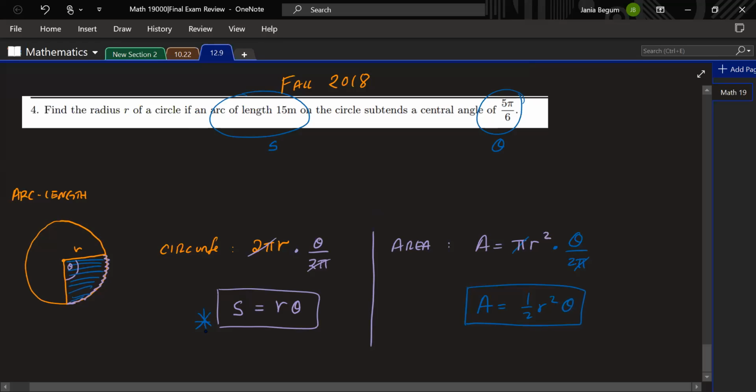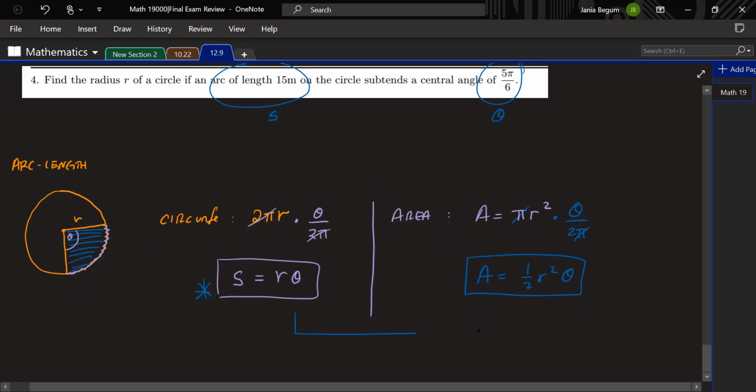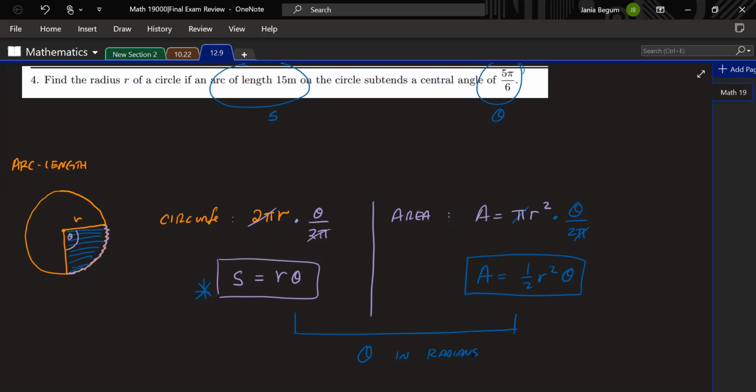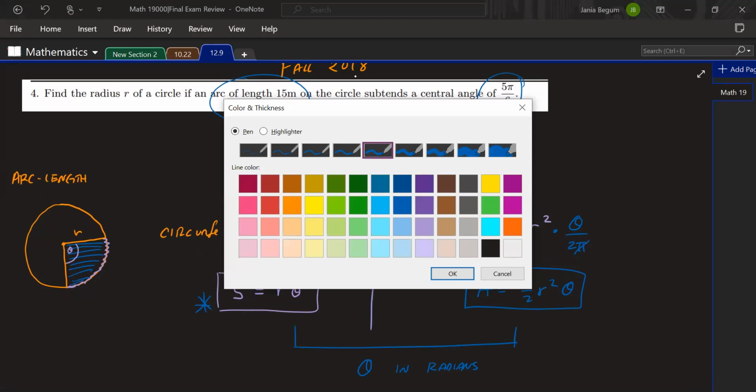Another thing to mention is that these two formulas have theta in radians. If theta is in degrees, you must convert before plugging it in. Our theta is already in radians, so we just plug them in immediately.